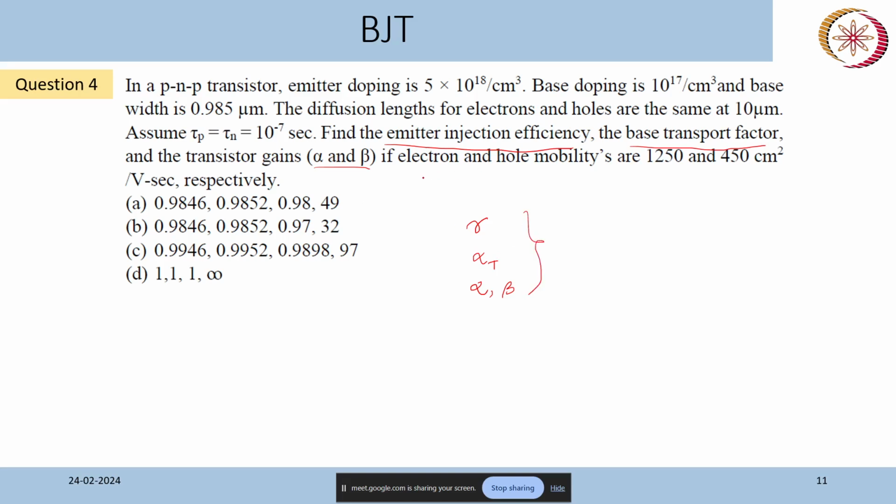The electron and hole mobilities are given as 1250 and 450 centimeter square per volt second. Electron mobility is generally higher, so that is why it is 1250, and hole mobility is given as 450 centimeter square per volt second.